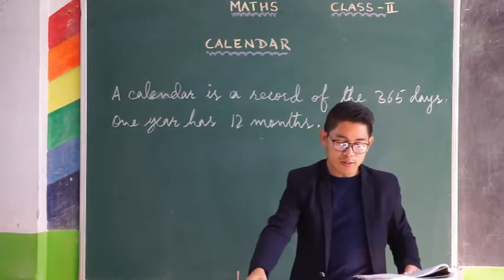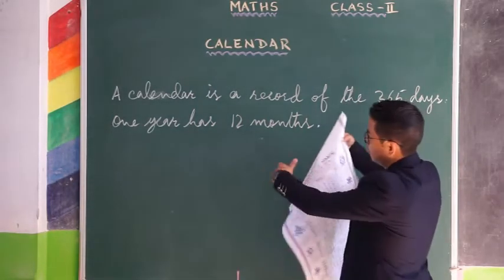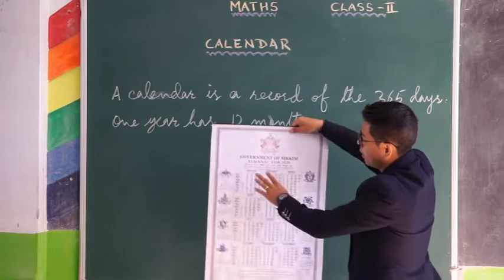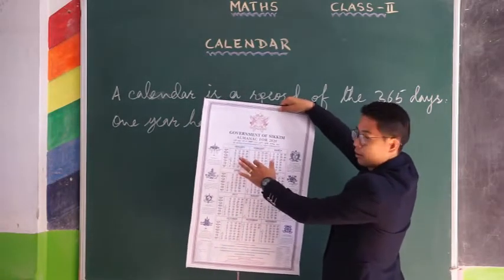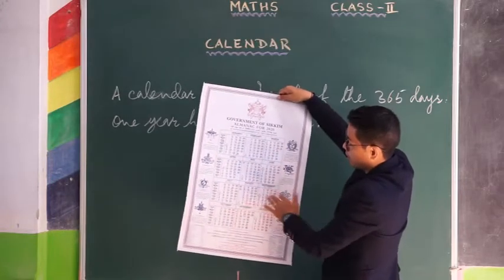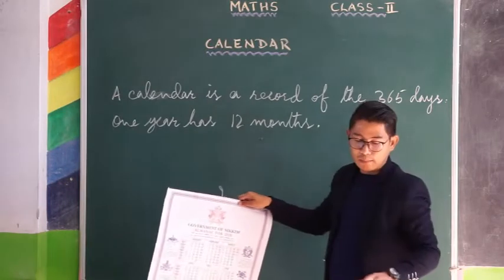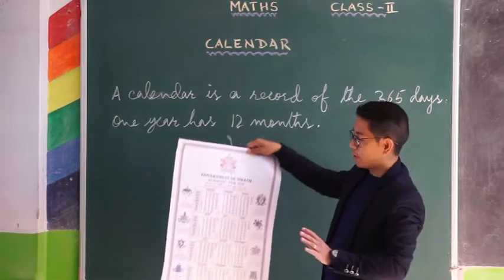And the calendar, it shows what? When you see this calendar, a calendar shows months starting from January, February, March, April, May, June, July, August, September, October, November, December. Altogether 12 months, alright?